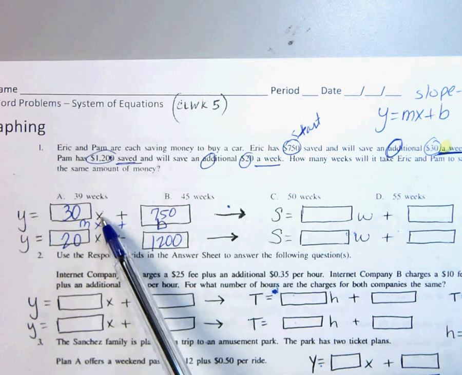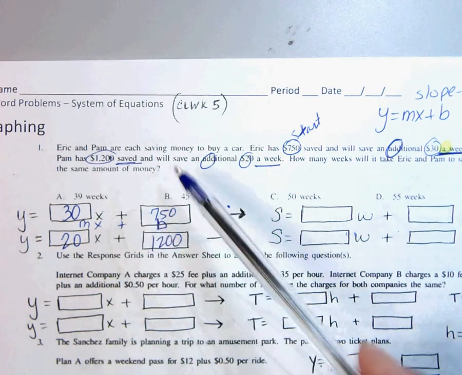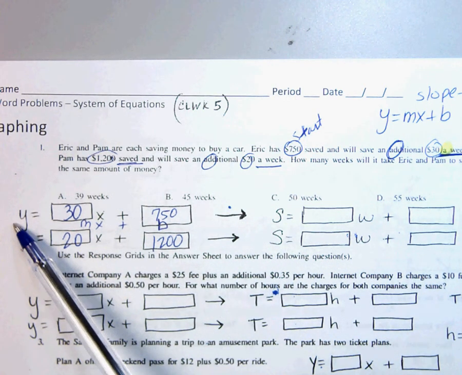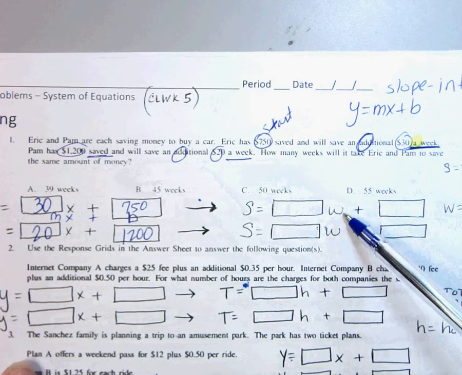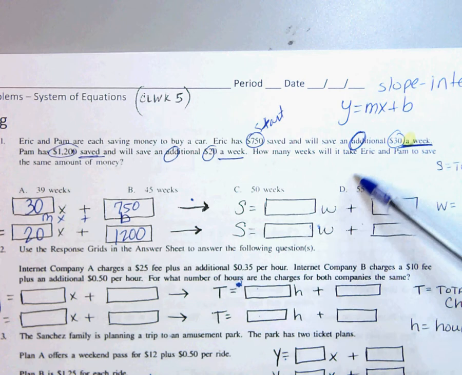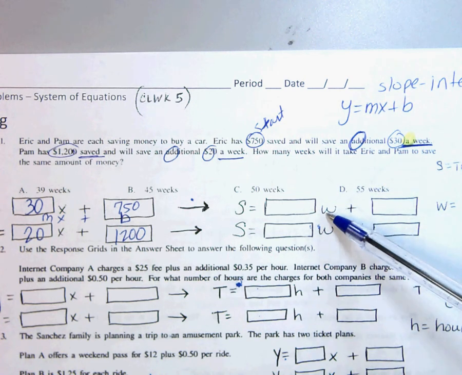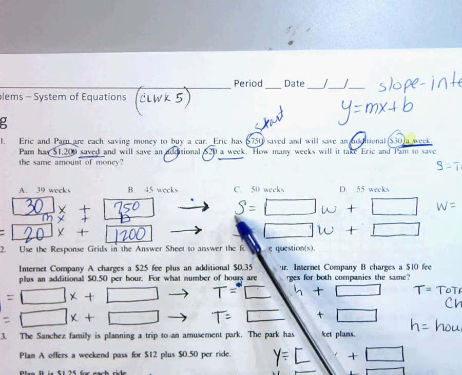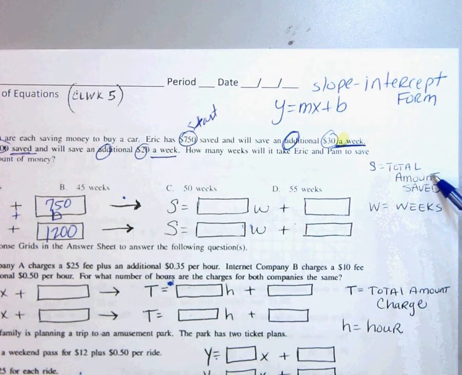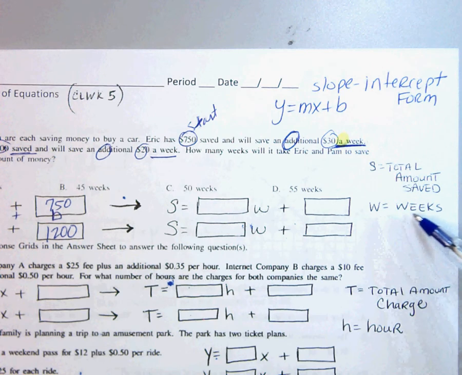X in this problem usually means what you're going to put into the problem so that out comes the y. Well, in this equation, I want to put how many weeks into the problem so that I can finally find out how much was saved. So S represents the total amount saved, W represents the weeks.